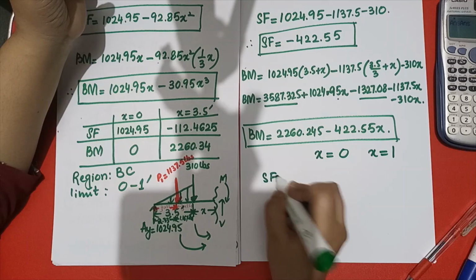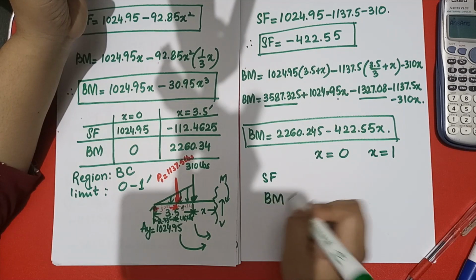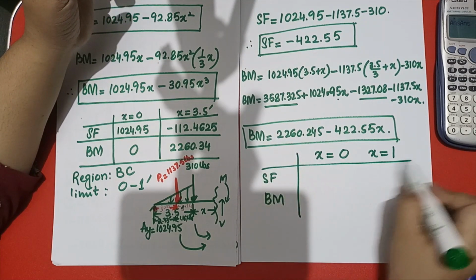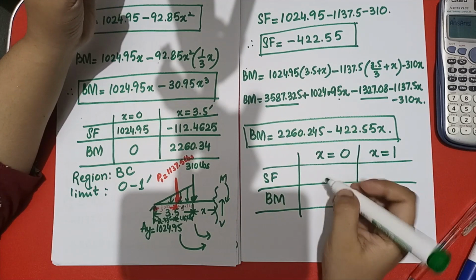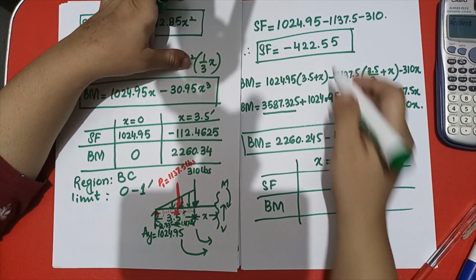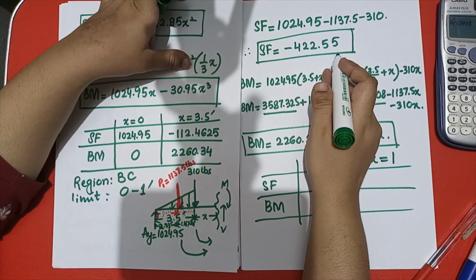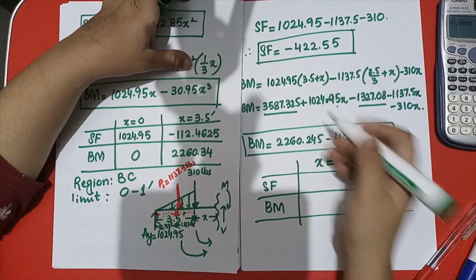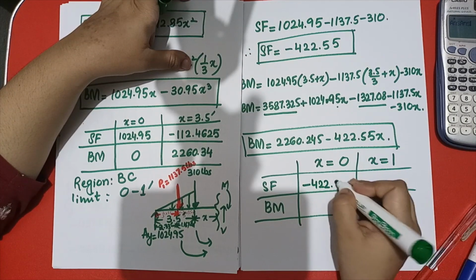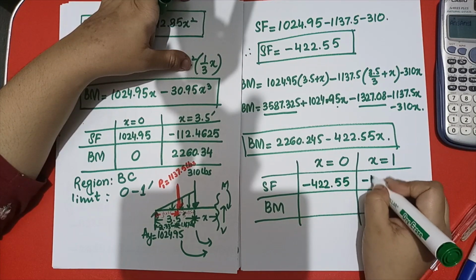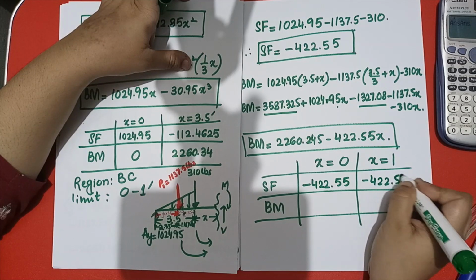So we have to put the values into the shear force or bending moment equation as we did earlier when we were studying the engineering mechanics course. So we will put x equal to 0 and x equal to 1. But this value is constant, there is no x over there, so we can write minus 422.55.